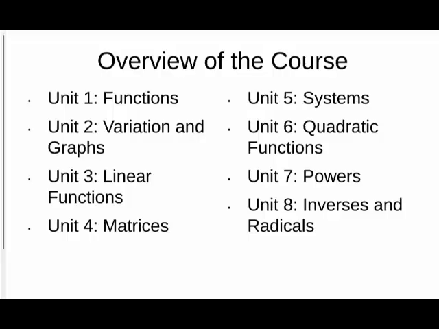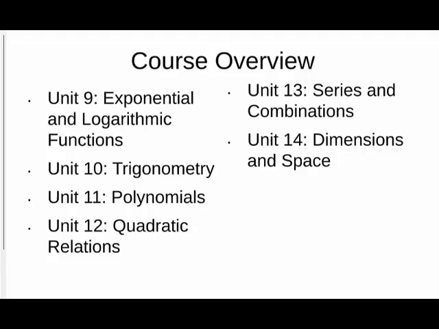Unit 8, inverses and radicals. Unit 9, exponential and logarithmic functions. Unit 10 will be talking about trigonometry. Unit 11, polynomials. Unit 12, quadratic relations. Unit 13, series and combinations. And Unit 14, which is the chapter from the first book, first edition, dimensions and space. So that's what this course will cover. That's a general overview of Algebra 2.